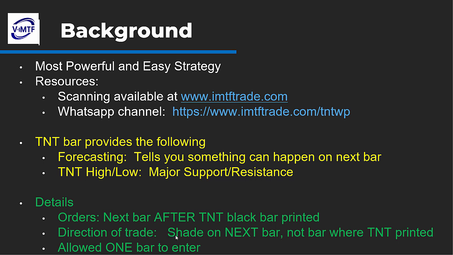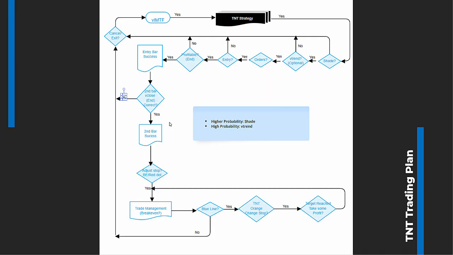If it's red, it means you're betting on it going down. If it's green, you're going to bet on it going up. So having a shade on the TNT bar tells you what direction to prepare for. If there's no shade on the TNT, then you really don't know the direction at all, and we'll cover that a little later in another module.